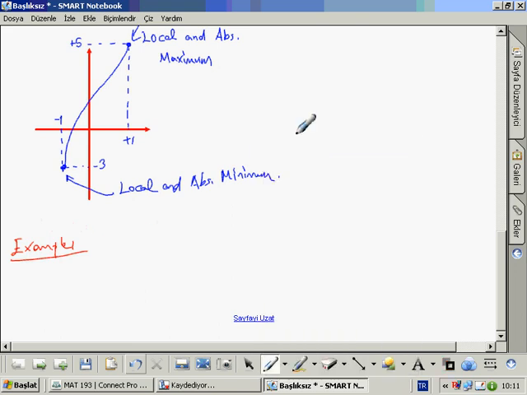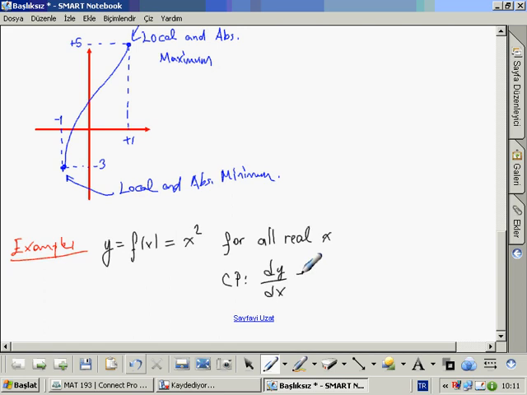Example, if y equals f of x equals x squared for all real x, we know that the critical point we can find by the derivative, which is 2x equals 0, so x equals 0, y equals 0.